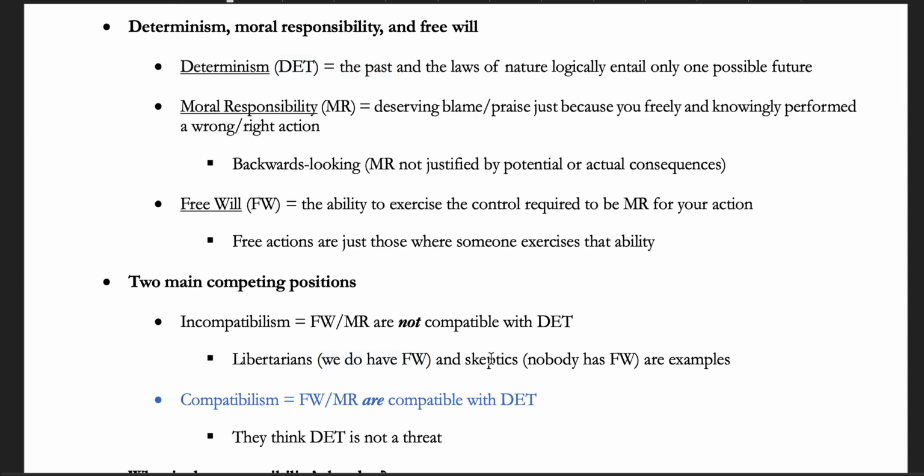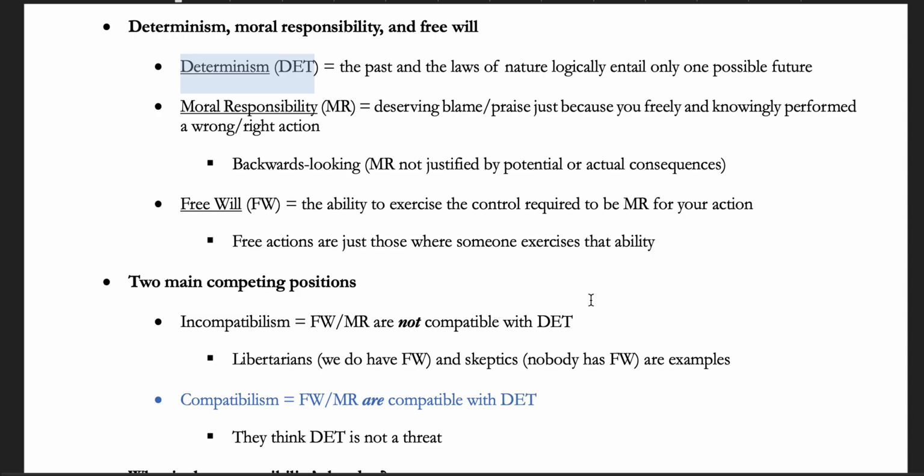That's libertarians. Skeptics are also incompatibilists. They think moral responsibility and free will are not compatible with determinism, but they think nobody has free will. Sometimes they think it's because determinism is true. Sometimes they think it's because free will and moral responsibility are also not compatible with indeterminism, the opposite of determinism.